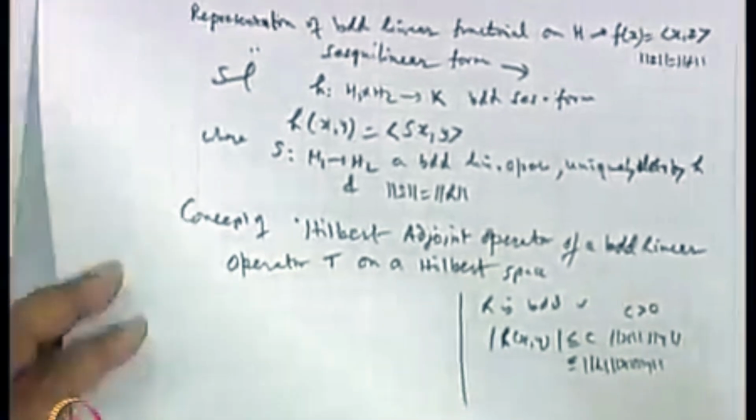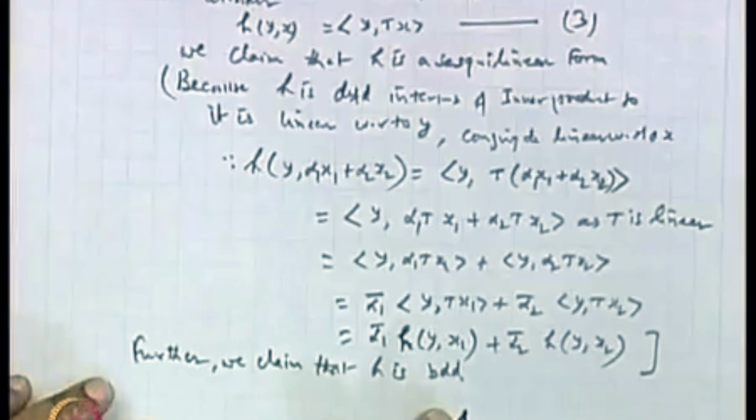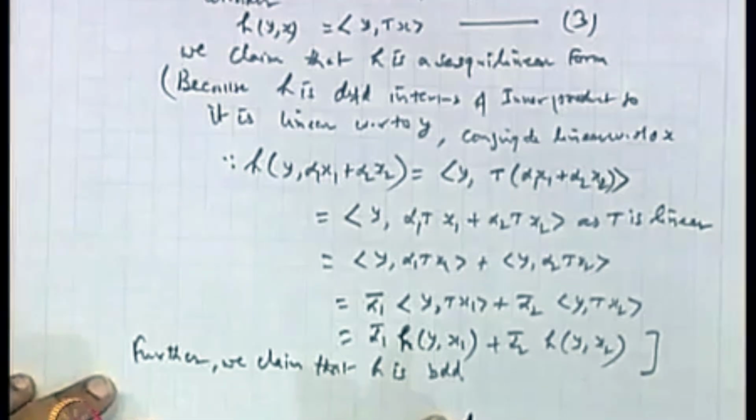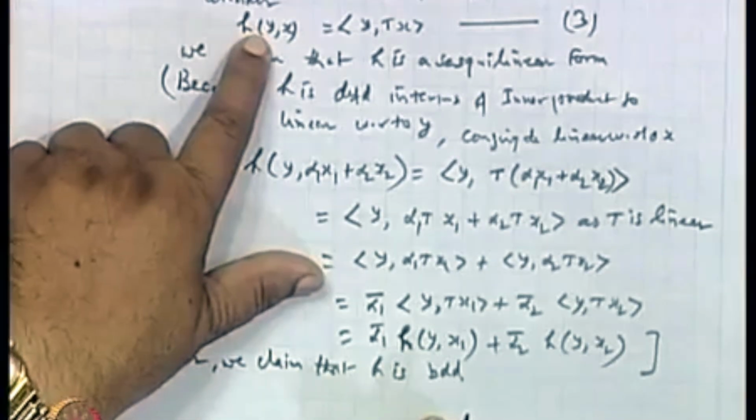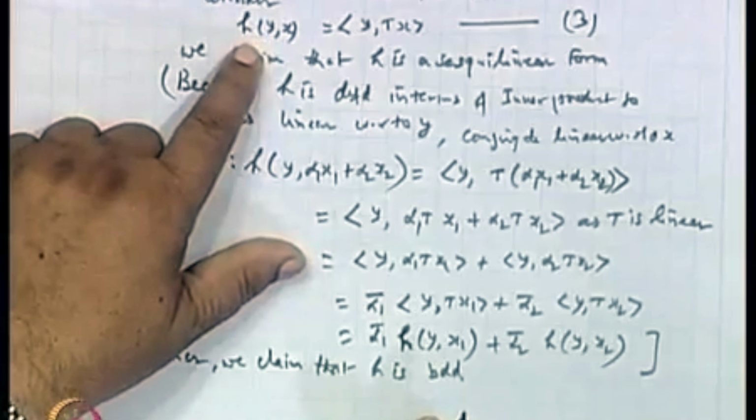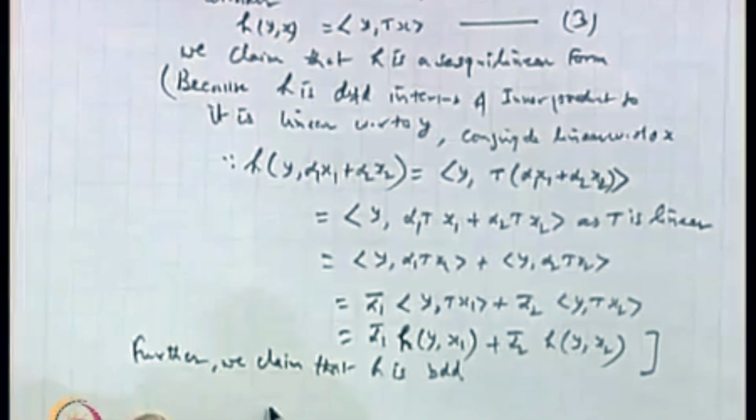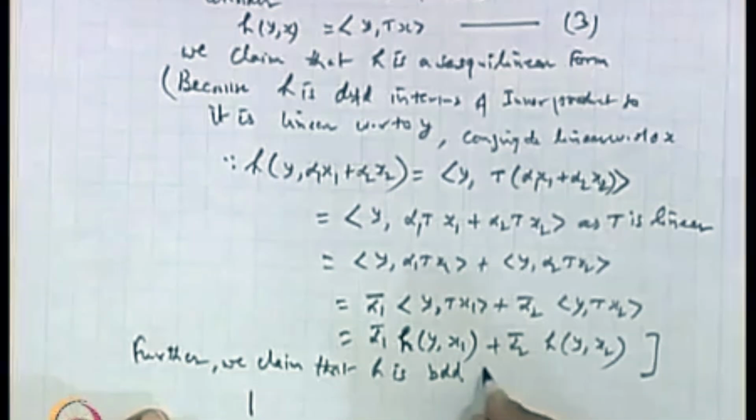So to find out the boundedness, let us take the mod of h(y, x) and then prove that this is less than or equal to a constant times norm x into norm y.